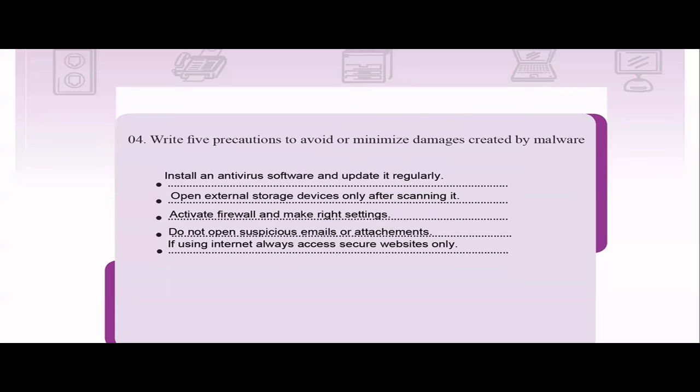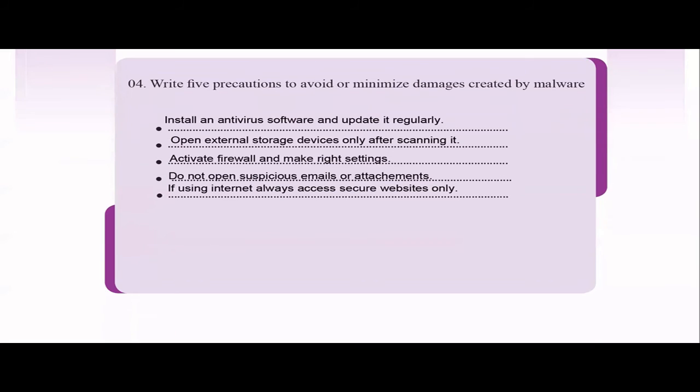Write 5 precautions to avoid or minimize damages created by malware. So how can we protect our computer from malware? The main thing is you install antivirus software and you have to update it regularly. That's also very important. And when you use external devices, always scan them before using them. And you can activate firewalls and make sure they have the right settings, right?